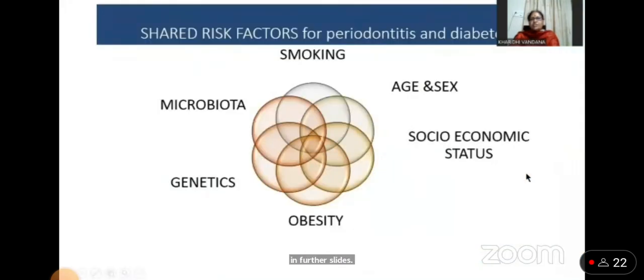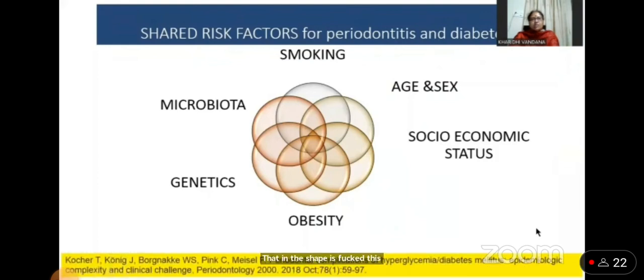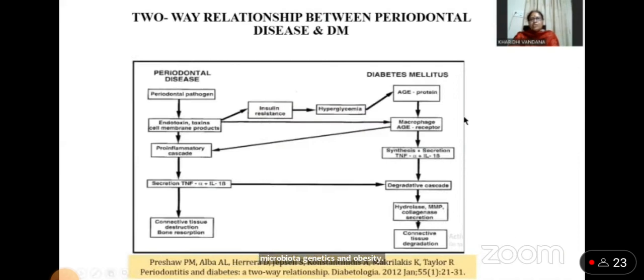There are shared risk factors for periodontitis and diabetes given by Kocher et al. in Periodontology 2000 in 2018. Age, sex, and socioeconomic status as demographic factors, and other related risk factors like smoking, microbiota, genetics, and obesity form a common platform. The two-way relationship between periodontal disease and diabetes mellitus is due to hyperglycemia and the AGE-RAGE reaction. There is formation of inflammatory mediators, TNF-alpha and the interleukin family.